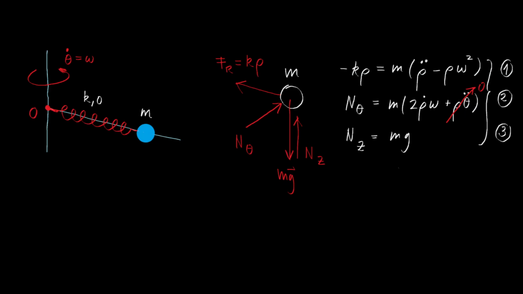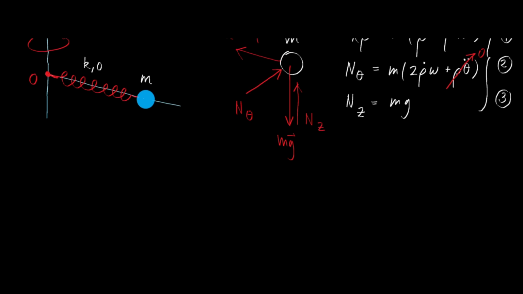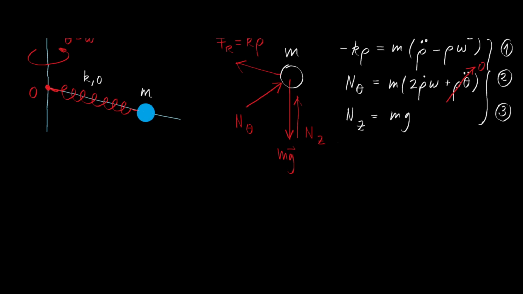Okay, and we will center our attention now on equation number 1. We can do the following thing here. We can integrate equation number 1, remembering that rho double dot, which is the derivative of rho dot in time, can be written, well, this is basically the chain rule, as follows.